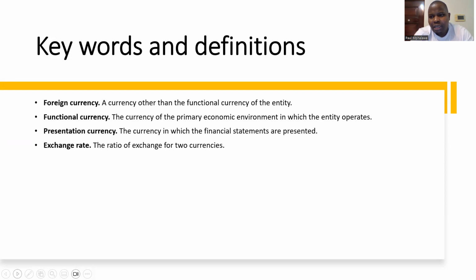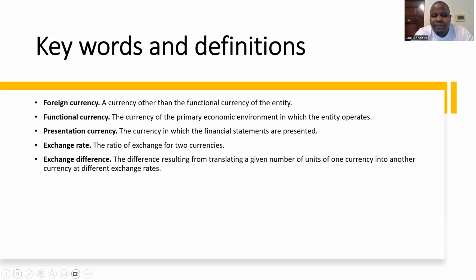Number four, exchange rate: the ratio of exchange for two currencies. Number five, exchange difference: the difference resulting from translating a given number of units of one currency into another currency at different exchange rates.